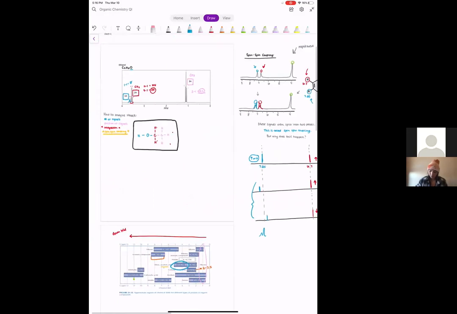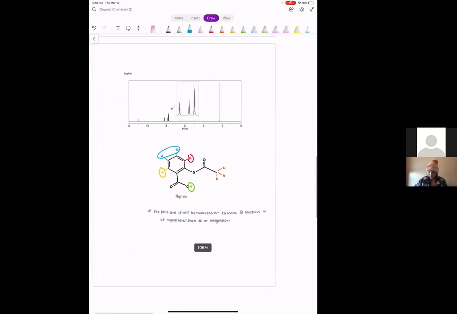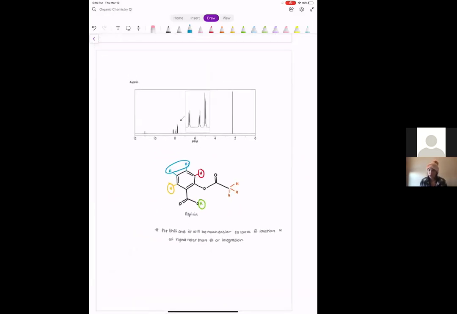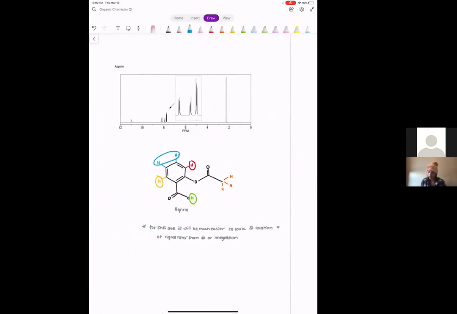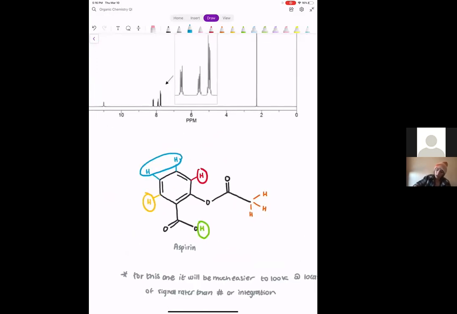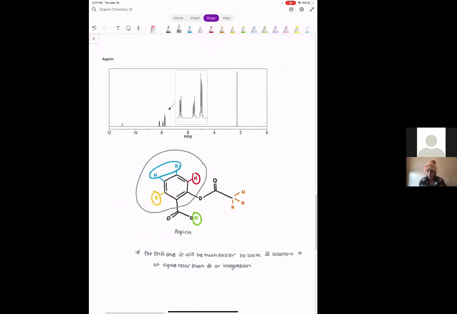So moving on to a little bit of a harder example. Unfortunately, in this example, they don't give an integration value. So we're mostly left to rely on the position of each signal. Because aromatic signals are often coupled and jumbled around just because they're all so close, we would expect to see an abnormal number of signals for this molecule.